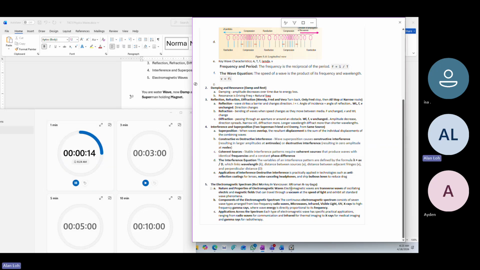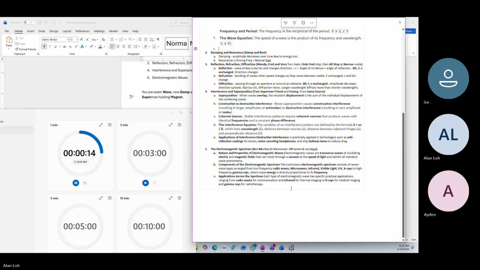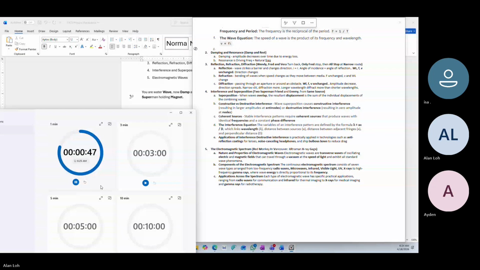You can continue to drawer 5. We will do 30 seconds. Ten more seconds.